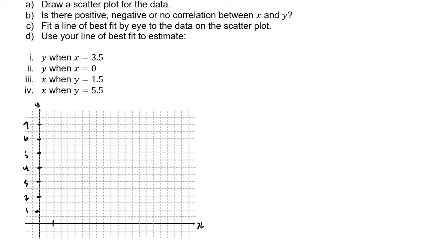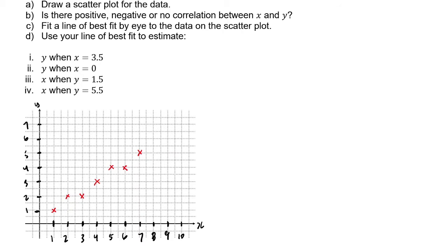Then I'm going to go the same way this way, and just do the same thing. So now we all know how to plot points, so let's skip ahead to all the points being there.